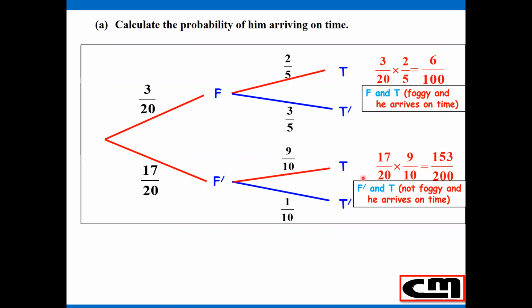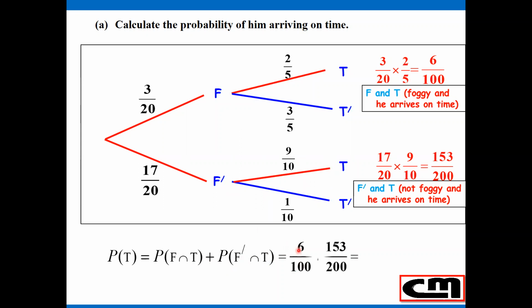To get their combined probability, this or this, that means I have to add their individual probabilities, because these are mutually exclusive events, right? So as such, we are saying probability of T is equal to probability of F intersection T, the first situation, plus probability of F prime intersection T, the second situation.